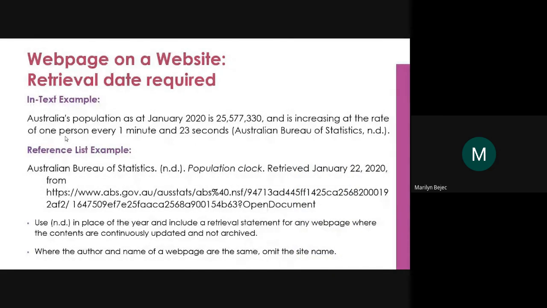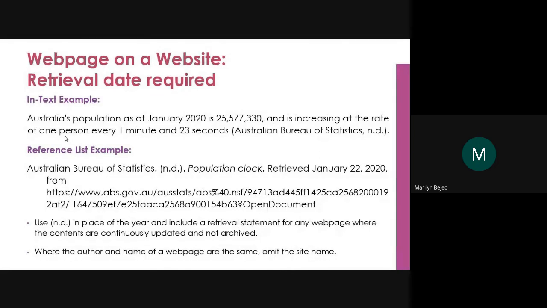For a web page with a retrieval date, so you have here the in-text sample, and then for the reference list, you write the author, and then n.d. instead of the year, and then the title of the article, and then the retrieval date, and then the URL.